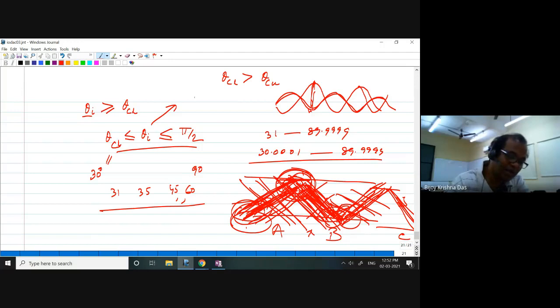Only certain discrete values of theta I will satisfy this type of condition, and each of these theta I actually represents a guided mode. So next we'll be trying to solve that.